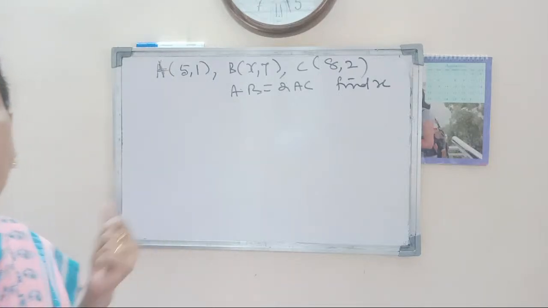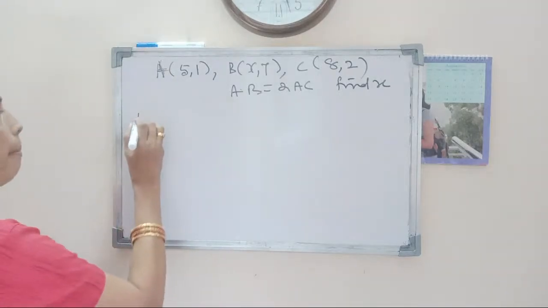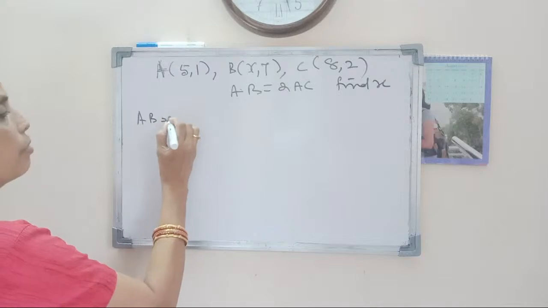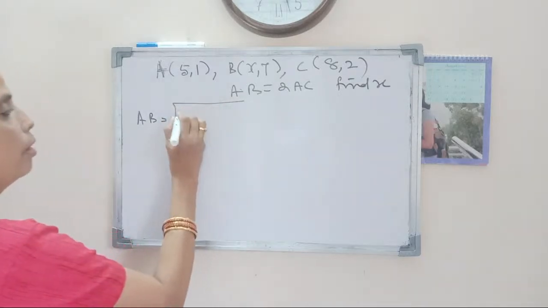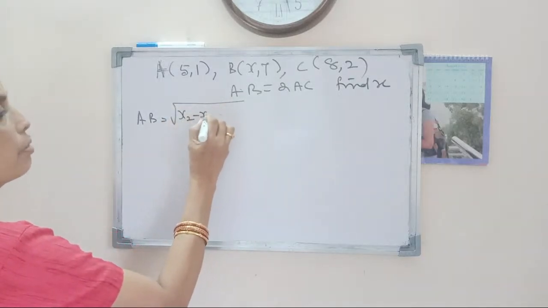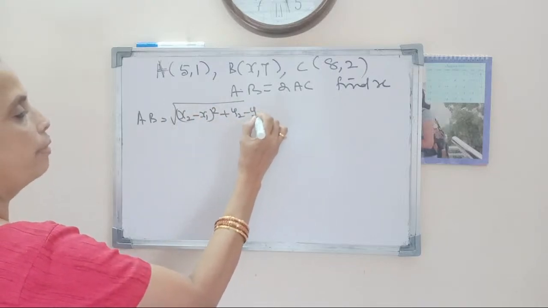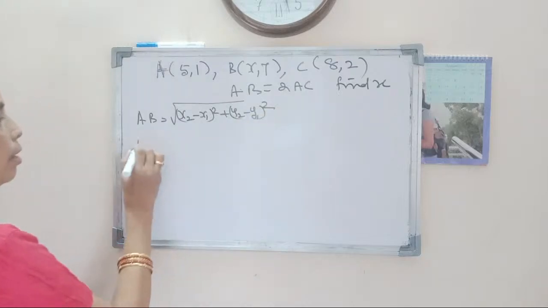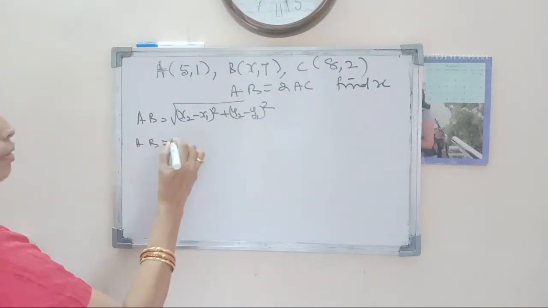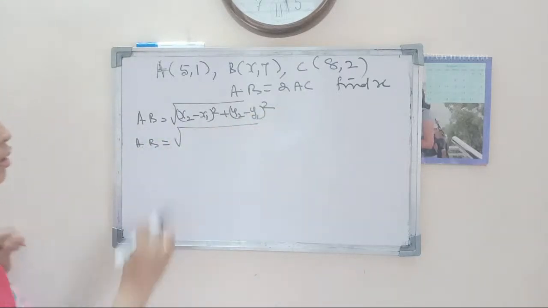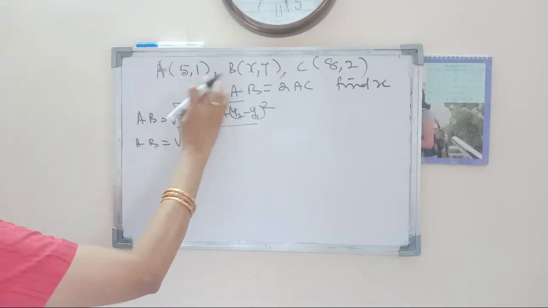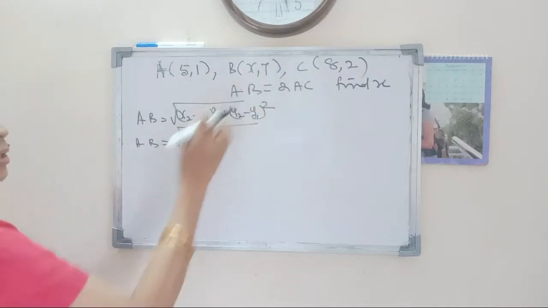Okay, let us find out first what is AB. Using distance formula, root of x2 minus x1 whole square plus y2 minus y1 whole square. Distance AB equals root of, this is x1, y1, x2, y2.